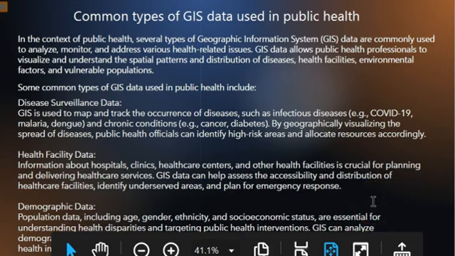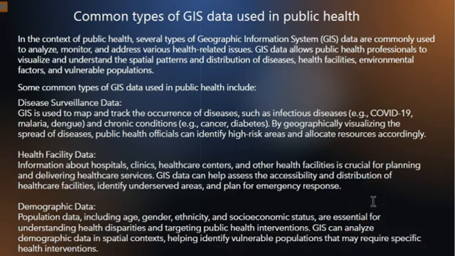Common types of GIS data used in public health. In the context of public health, several types of geographic information data are commonly used to analyze, monitor, and address various health-related issues. GIS data allows public health professionals to visualize and understand the spatial patterns and distribution of diseases, health facilities, environmental factors, and vulnerable populations.